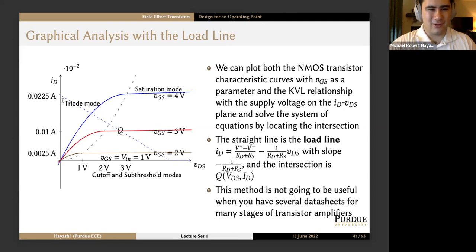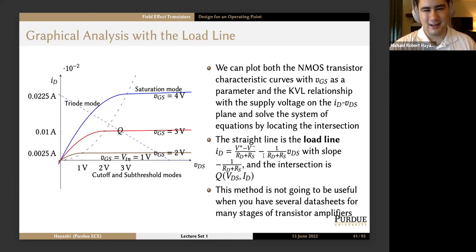Now, wherever the load line intersects with a characteristic, one of these families of curves, that is a potential operating point of the transistor where it can exist. So you figure it out and say, okay, this dashed line has equation ID equals V+ minus V- over RD plus RS, minus 1 over RD plus RS times VDS.